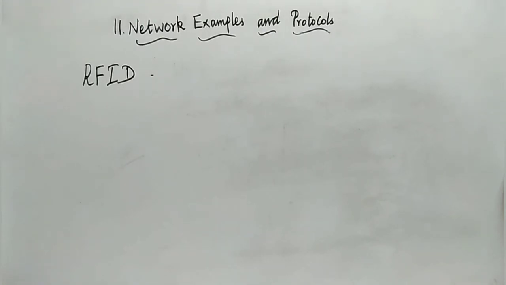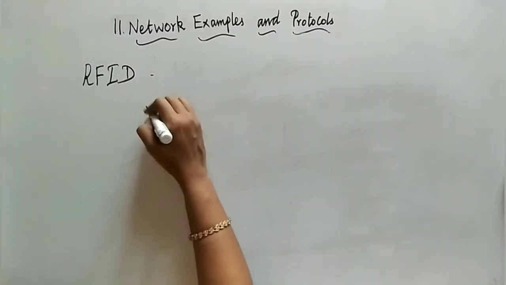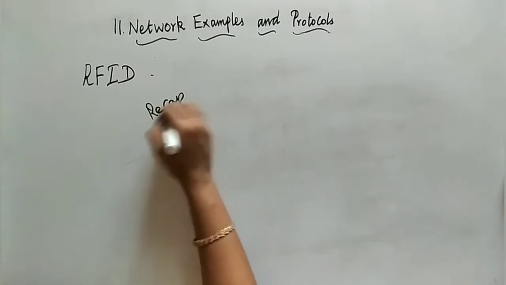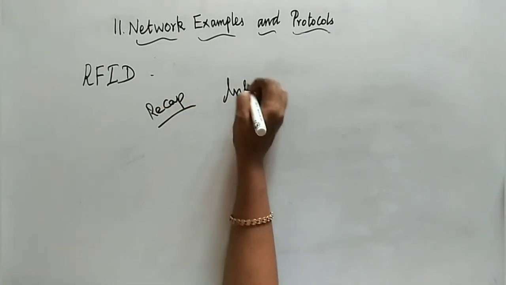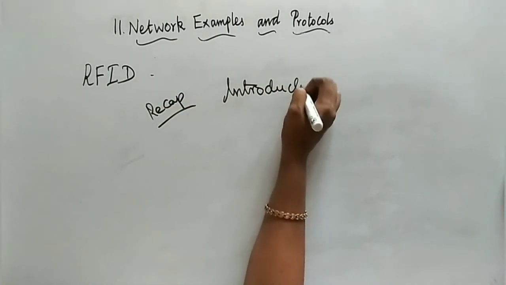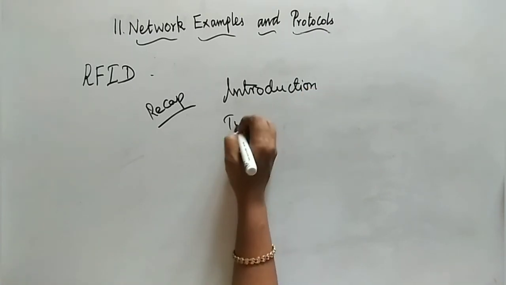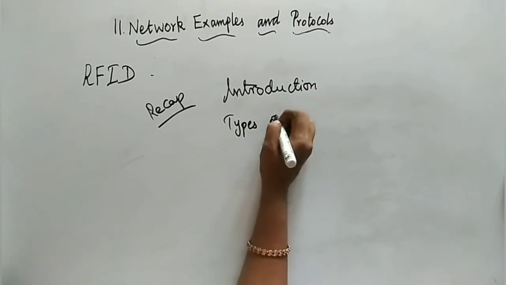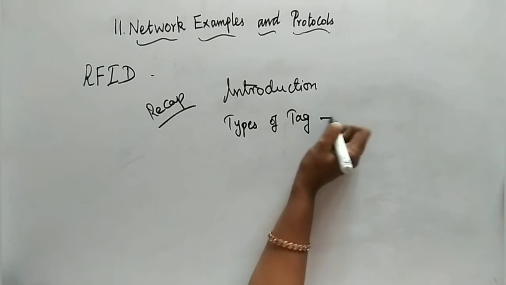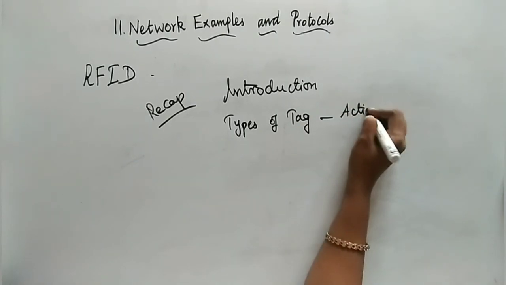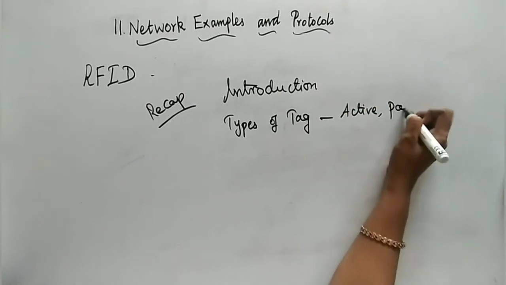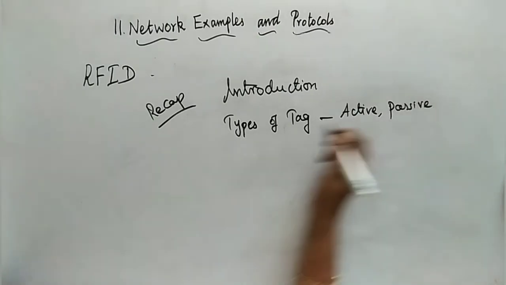So clear with the topic? What else have we discussed today? Yes, first we finished the introduction related to RFID. Next we finished types of tags. What are the types you will be having? Yes, active, and next one, passive. Next, what else have we discussed?